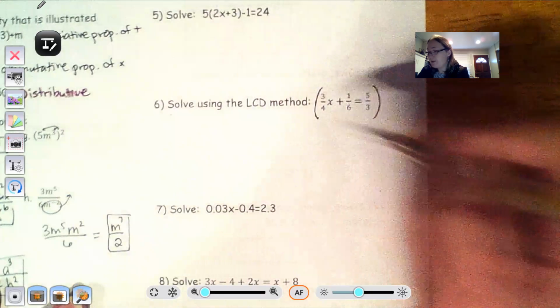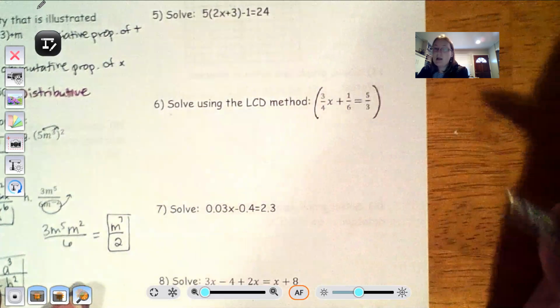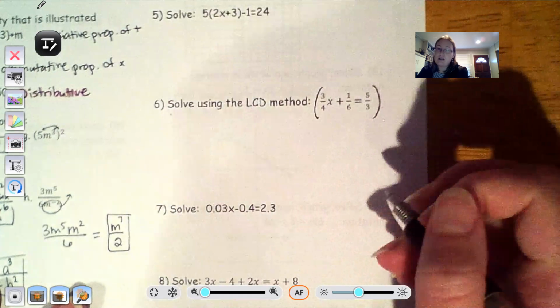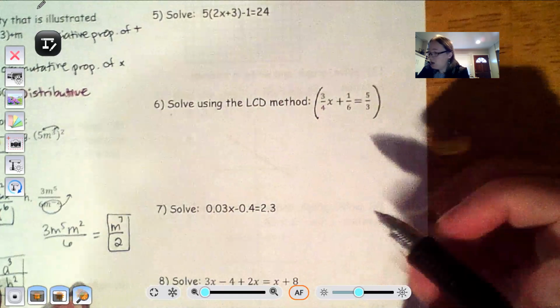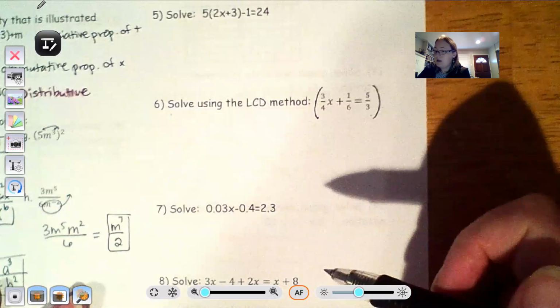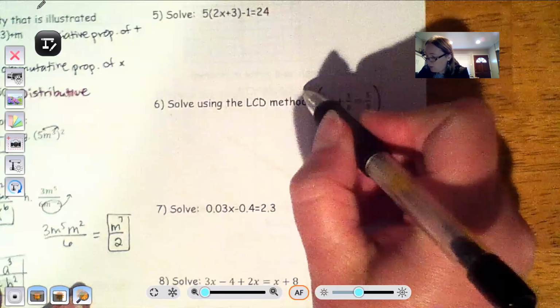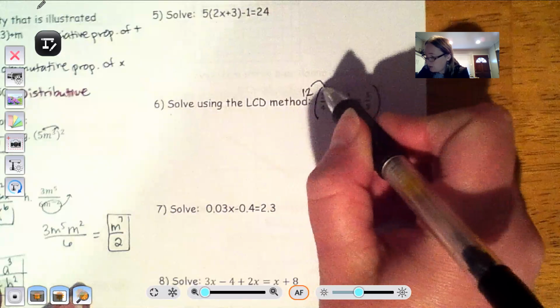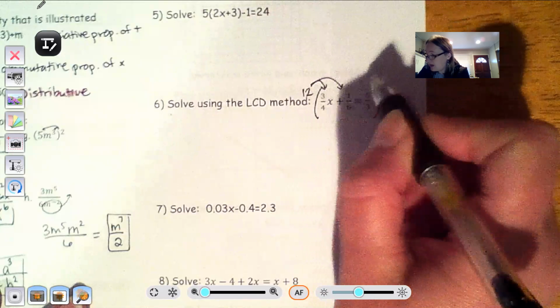But this one says by the LCD method, which is a nice way of dealing with fractions and decimal problems anyway. So the lowest common denominator between 4, 6, and 3 is 12. So I'm going to multiply each side by 12.